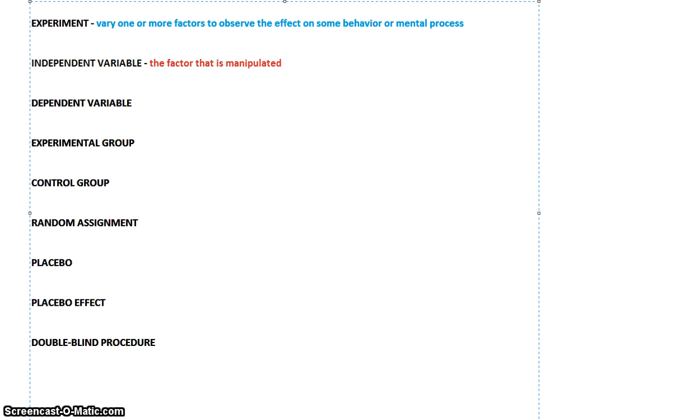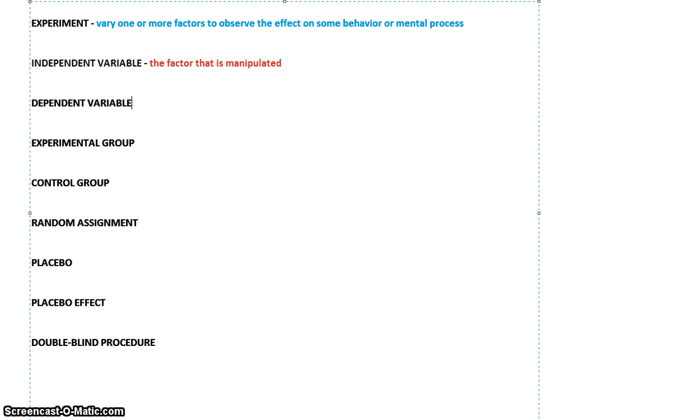So what I'm going to manipulate is the drug. Do you get the drug? Do you not get the drug? So the independent variable would be the drug. This is what you manipulate. You get to control it. You get to decide if someone gets it or if somebody doesn't get it. Like you decide whether or not they get the drug. You have total control over the independent variable.